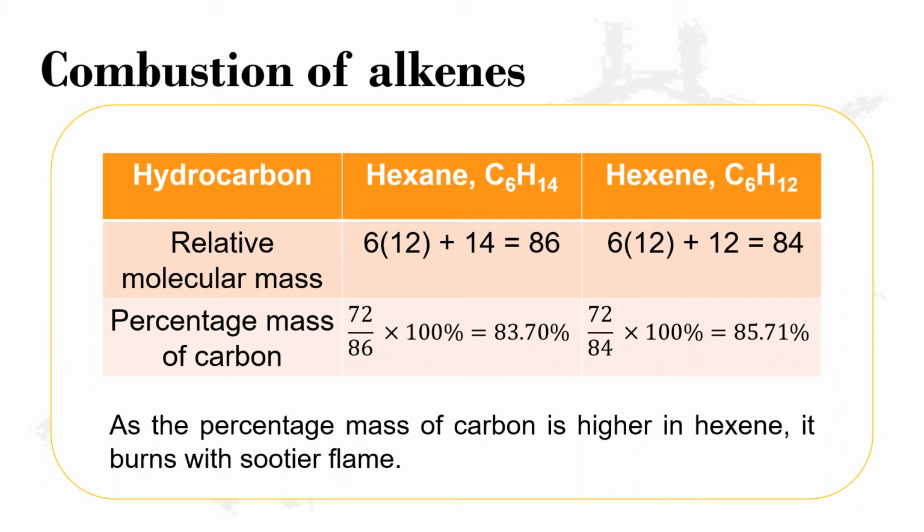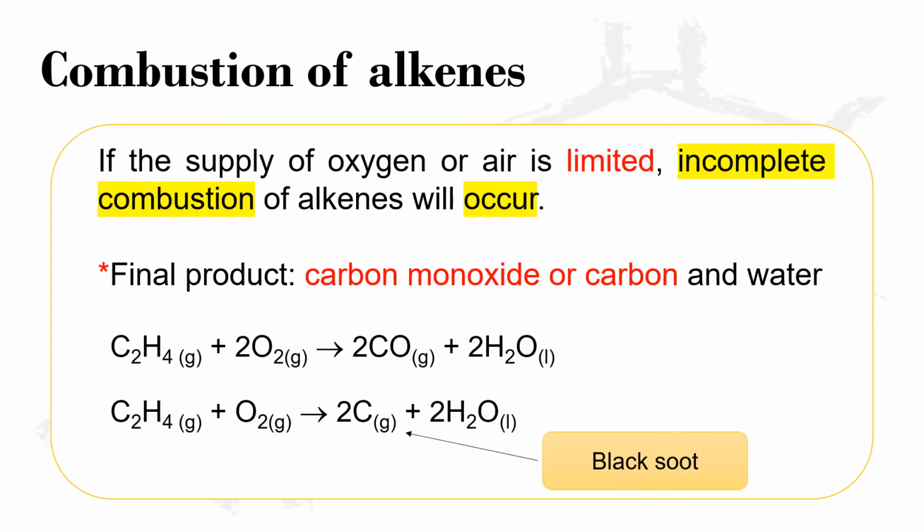So the conclusion is, as the percentage of mass of carbon is higher in hexene, it will burn with a sootier flame. Okay. Just now we have completed the part for combustion of alkenes in excess oxygen.